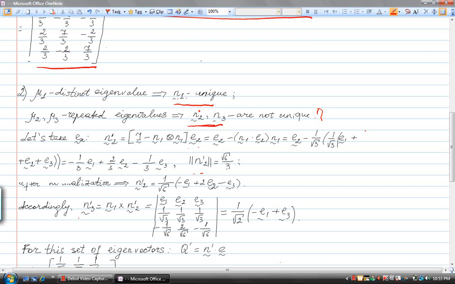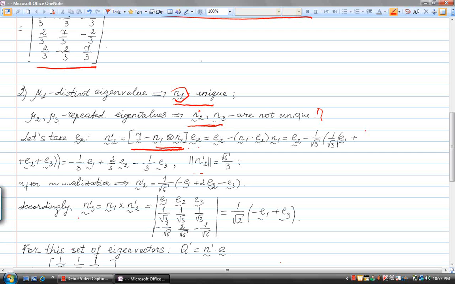To find n2 prime, obviously we need to use the projection matrix that projects any vector on a plane that has n1 as a normal to it. The reason we are using n1 here is because we already have n1, so we will start with the plane that has n1 normal to it.